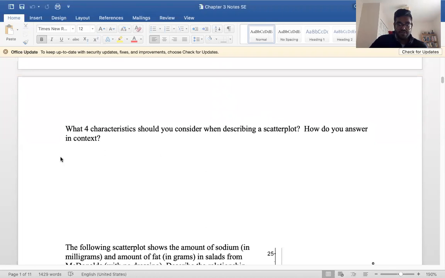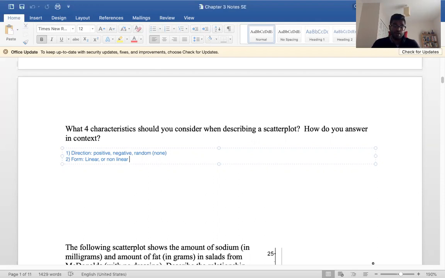What are 4 characteristics you should consider when describing a scatter plot? So your 4 big ones are going to be number 1, which is direction. And this can take the forms of positive, negative, or random, which is the same thing as no pattern, no direction. Number 2, you have form, which is either going to be linear or nonlinear. Linear in this case being a straight line because we're only looking at 2 variables.